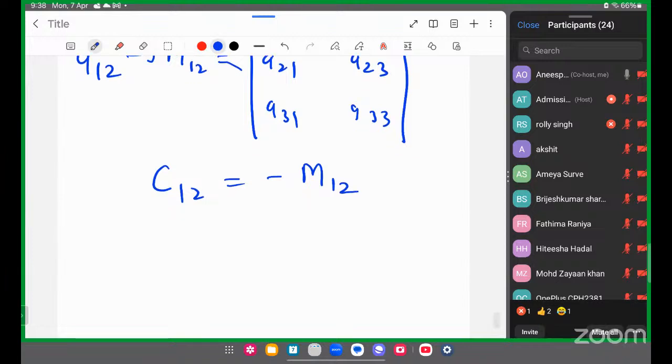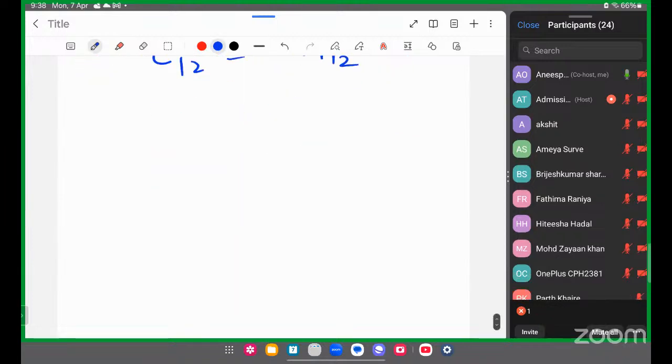Okay, so now we are left with nothing. Adjoint is completed. What you have to do is find minors, corresponding cofactors, then design the cofactor matrix and take its transpose, which will give the adjoint.